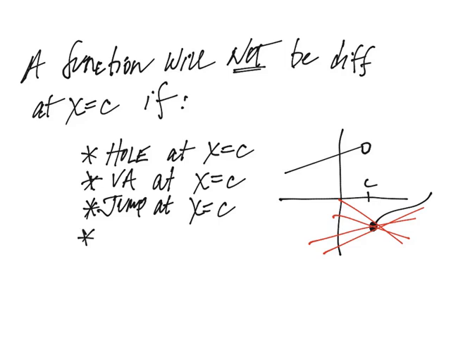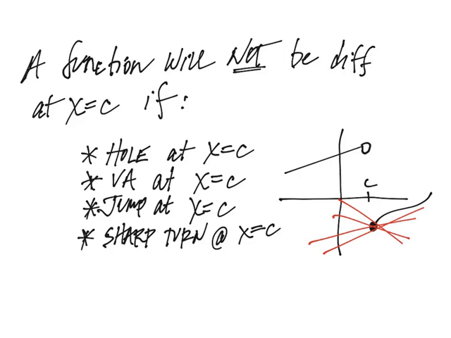The last two conditions have to do with the numeric value of slope, and one we've already talked about with the absolute value. That would be any sort of a sharp turn at x equals c. And it doesn't really need to be that sharp.